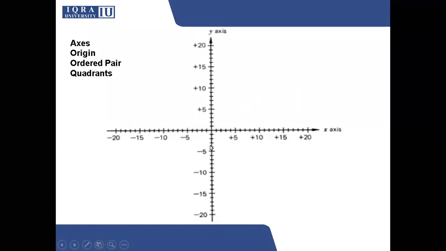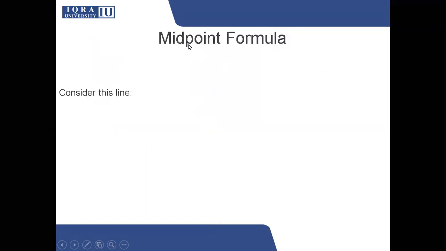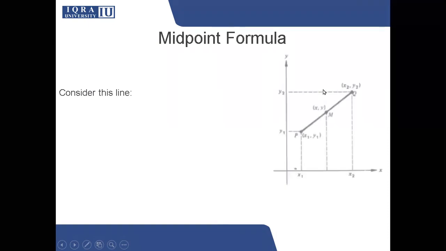We need to understand this, and then we'll move on to the midpoint and the distance formula. So the midpoint formula: consider this line. This is your y-axis, this is your x-axis, and I have 2 points right here. The first point has some coordinates x1 comma y1.